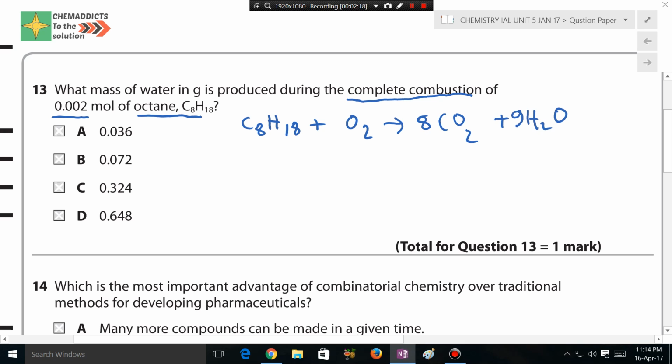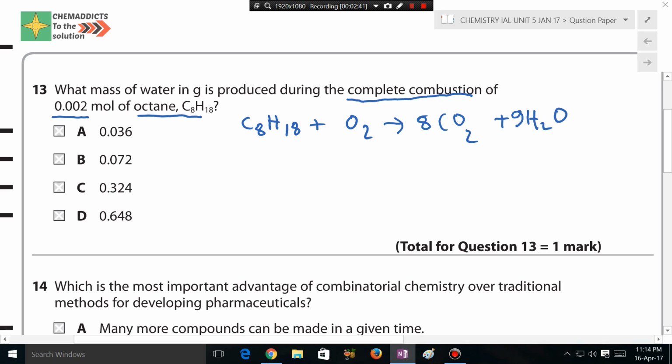The only thing we are left with is oxygen. Let's count the number of oxygen atoms on the right-hand side. Here 8 times 2 is 16, plus 9 oxygen, gives us 25.